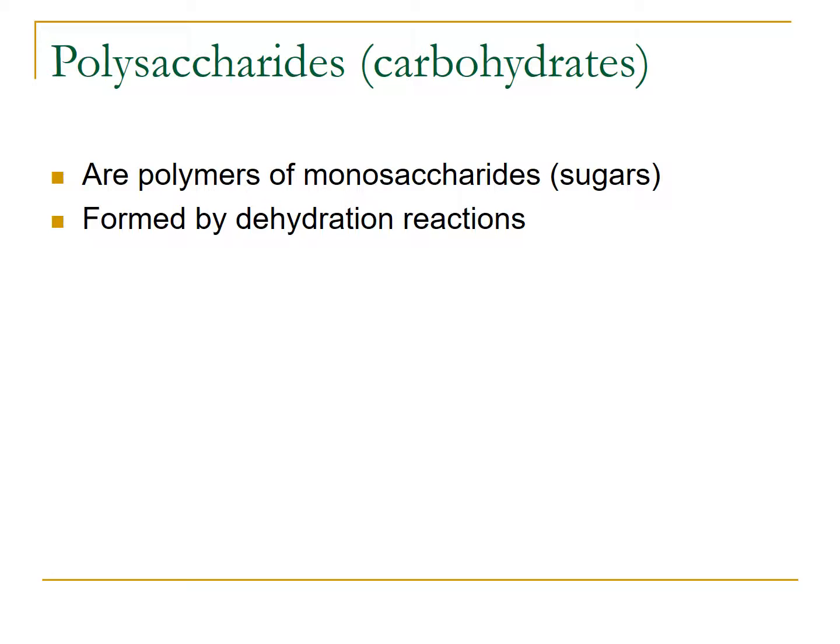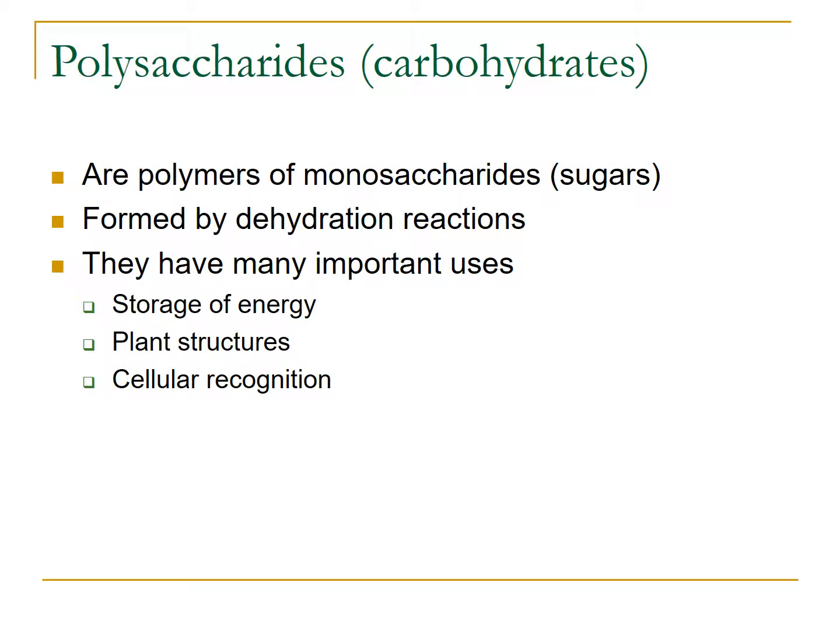But if you take a water away when you form the linkage, you get C12H22O11, which is sucrose. Now that's linking up two monosaccharides, but then you can continue to link them together into hundreds of these monosaccharides in a chain.